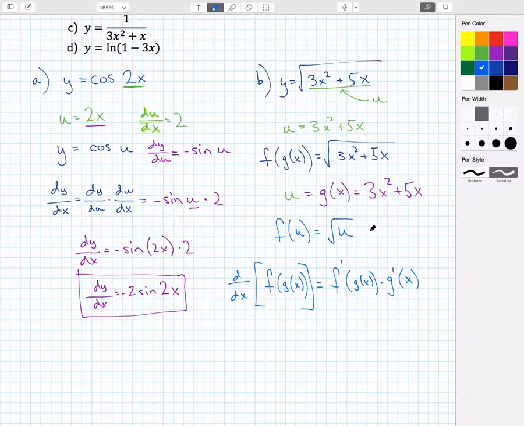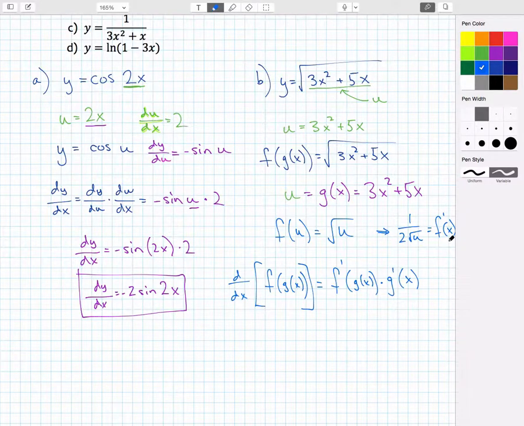Well, here we can see that if we have the square root of u, if you don't have the derivative of square root of x memorized, you probably should. If you don't memorize it, you could always rewrite it as u to the 1/2 and then apply the power rule. But we know it's going to be 1 over 2 square root u. That's our f dash. That's our derivative.